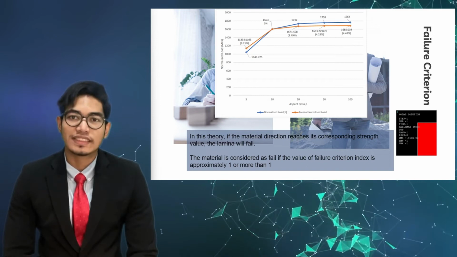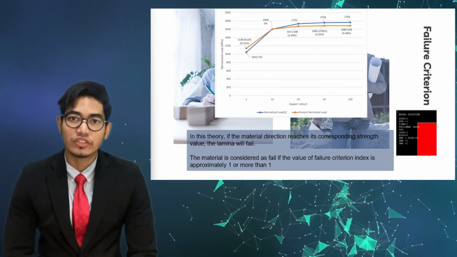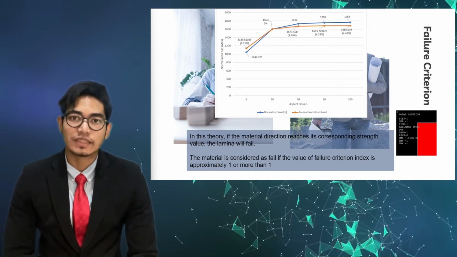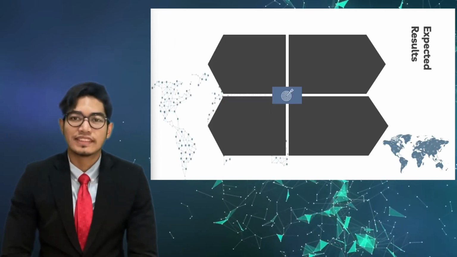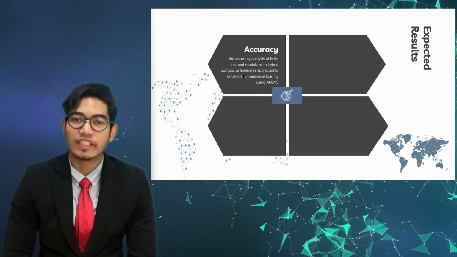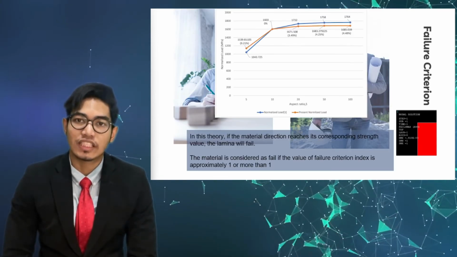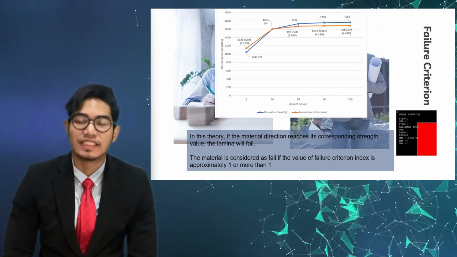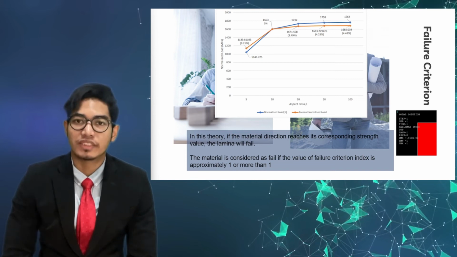In the graph is the value of the load applied that caused the composite material to fail versus the aspect ratio. The expected result is to show that the percentage error is not too big compared to other data. As I showed before, I compared it with Prof. Jamaluddin's paper. The percentage error is still below 15%.